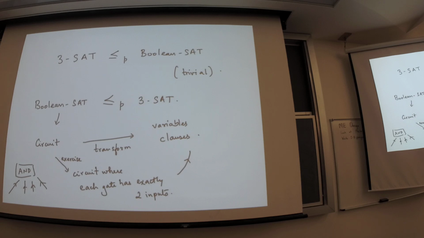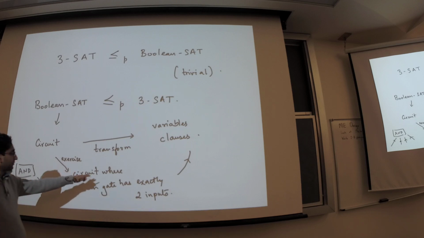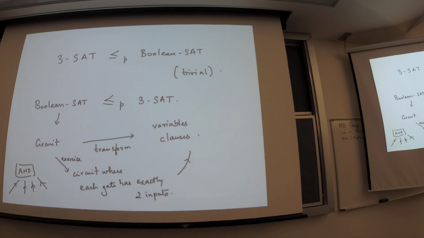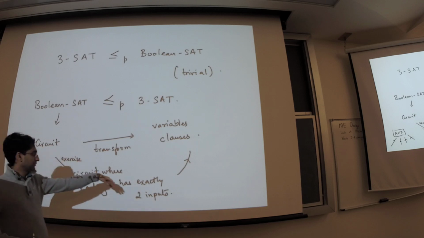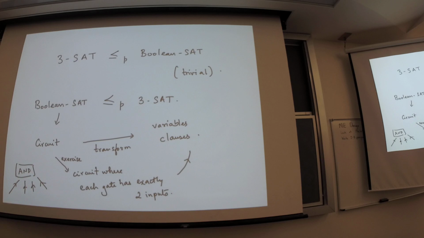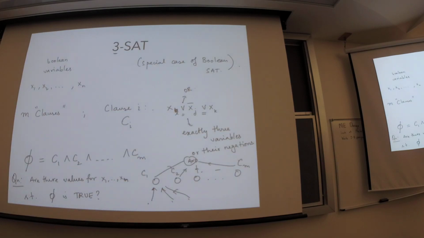Now you have a circuit where every gate has exactly two inputs. You still have a bunch of ANDs, ORs, NOTs, whatever. And you are supposed to convert these into some 3-SAT formula which has some variables and some M clauses, and each clause looks like this.